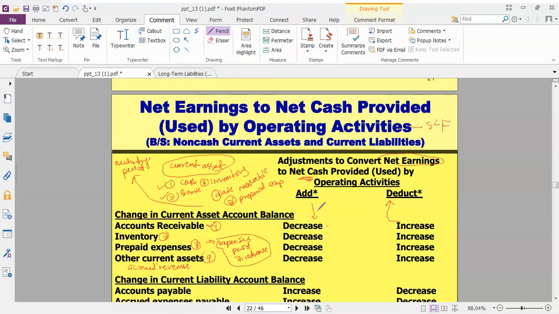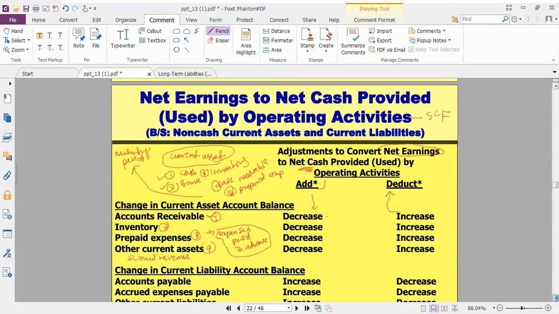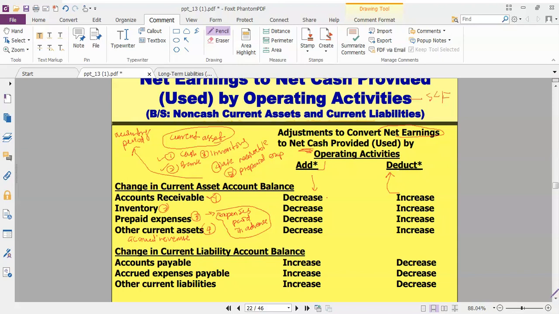If there is a decrease in the accrued revenue, you must add on in the statement of cash flow. If there is an increase of accrued revenue, you should deduct that increment.